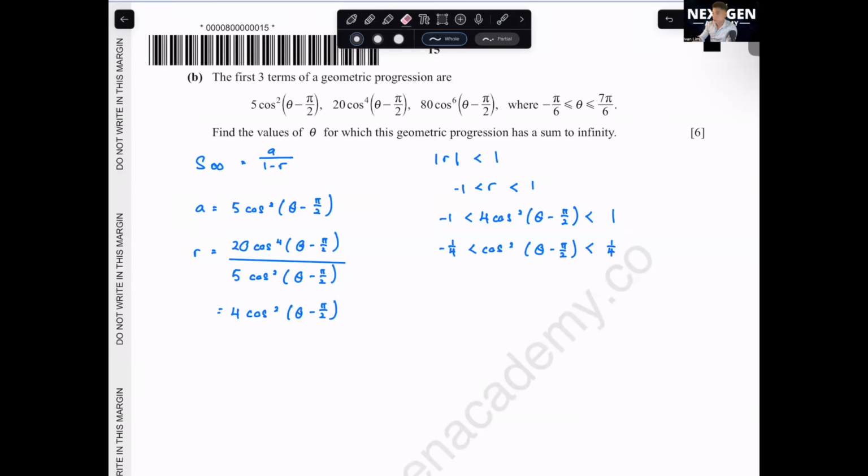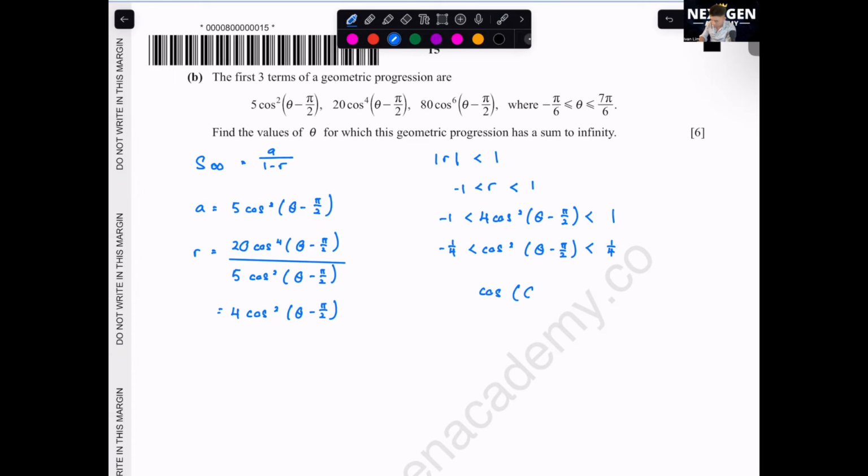Okay, we will have two equations right now, which is negative 1 over 4 and cos square. Can we square root this? Let me see.